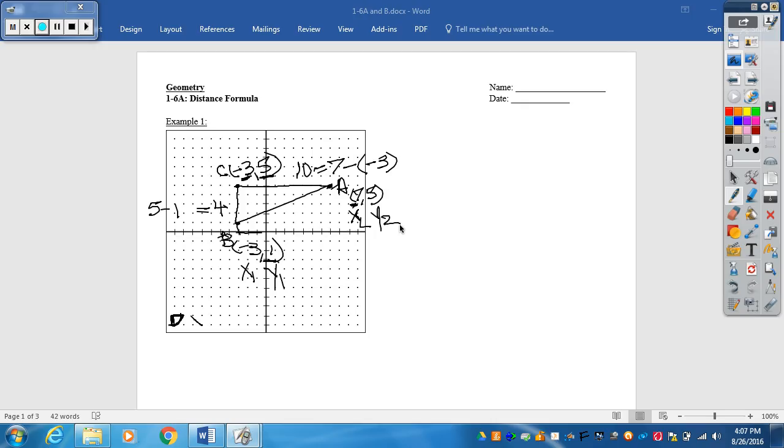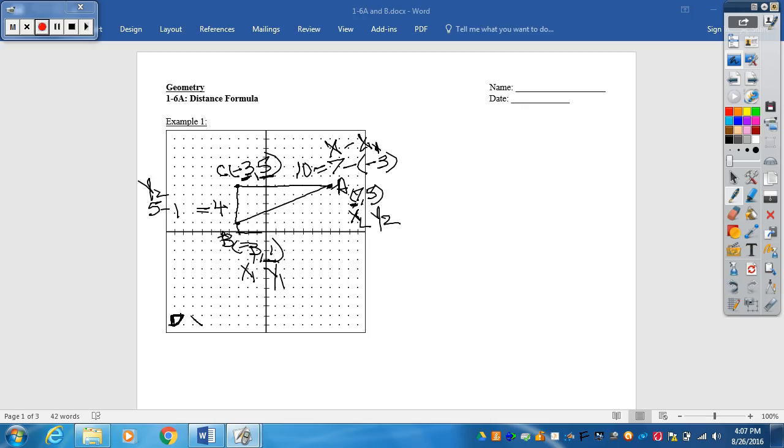And so if I plug in these values here, this 7 was x sub 2 minus the -3, if I look down here, is actually x sub 1. Okay, that's a 1 there. All right? And over here, the 5 minus 1, the 5 is, I can look at A, that's the y sub 2.